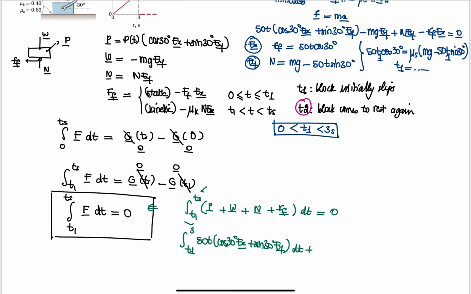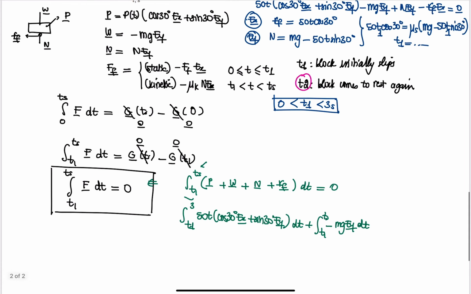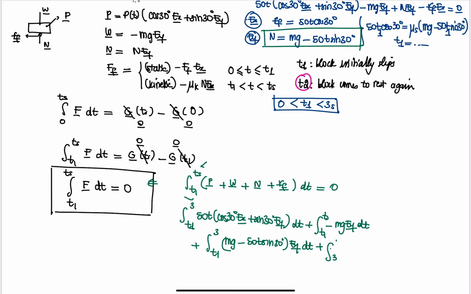Now the weight is constant, from T1 to Ts, minus mg Ey, dt. And then the normal force depends on P, so I need to split the integral between T1 and 3. N is mg minus 50t sine 30 degrees Ey dt, plus the integral from 3 to Ts, where P is 0, of mg Ey dt.